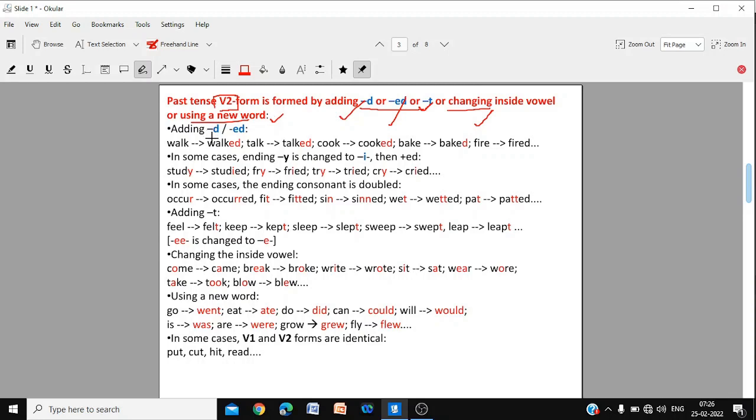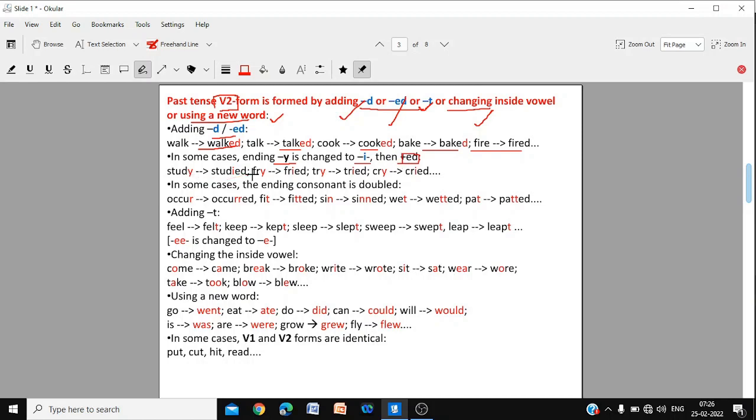Here we are using D or ED. Walked, talked, cooked, baked, fired. In some cases, Y is changed to I. The ending Y will be changed to I and then plus ED.